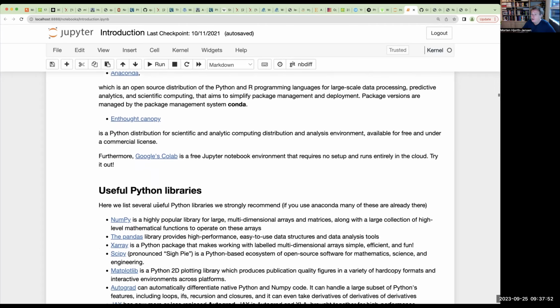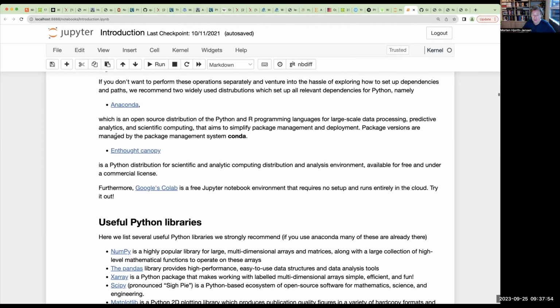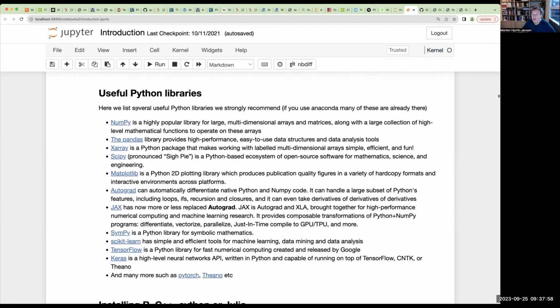Now, many of these integrated development environments already come with these libraries installed. So NumPy is a central library, and I invite you to revisit NumPy. There are examples here. Pandas is an extremely useful library, with easy to use data structures and data analysis tools.